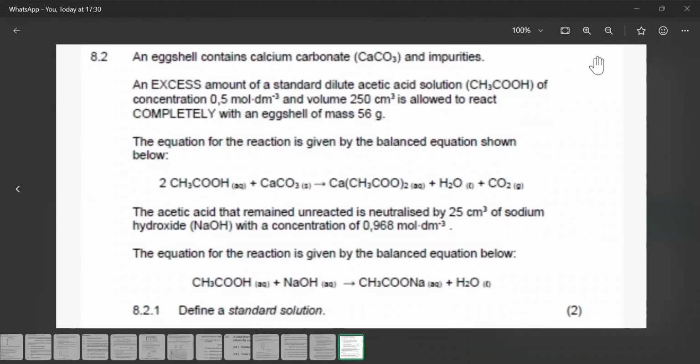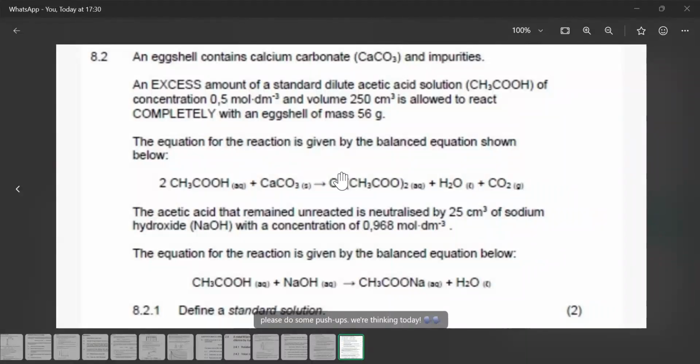An eggshell contains calcium carbonate and impurities. An excess amount of a standard dilute acetic acid solution of concentration 0.5 moles per cubic decimeter and volume 250 centimeters cubed is allowed to react completely with an eggshell of mass 56 grams.